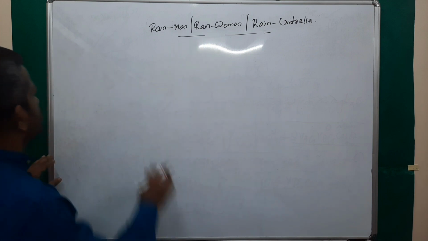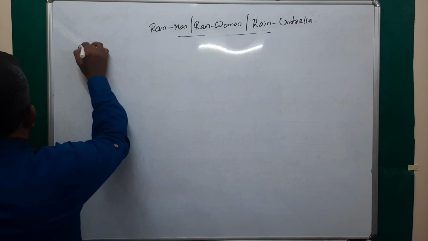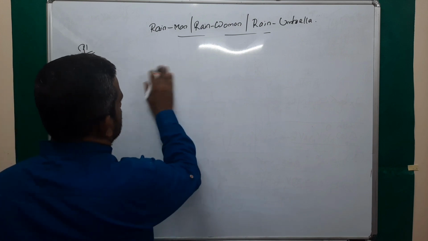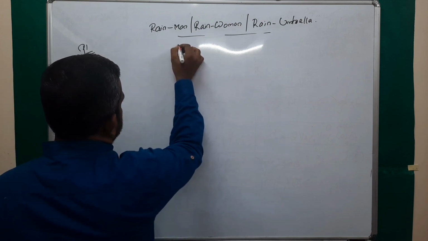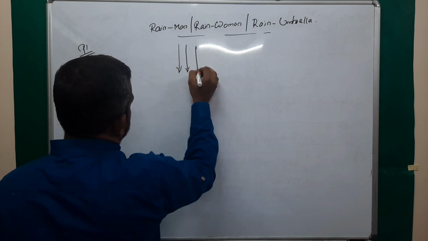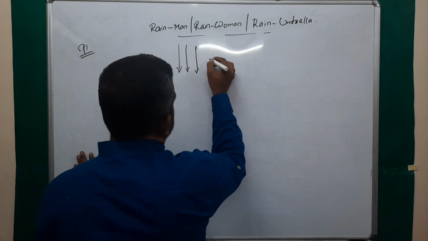So first problem, a very simple problem. The rain is falling vertically downwards with a velocity of 40 km per hour.